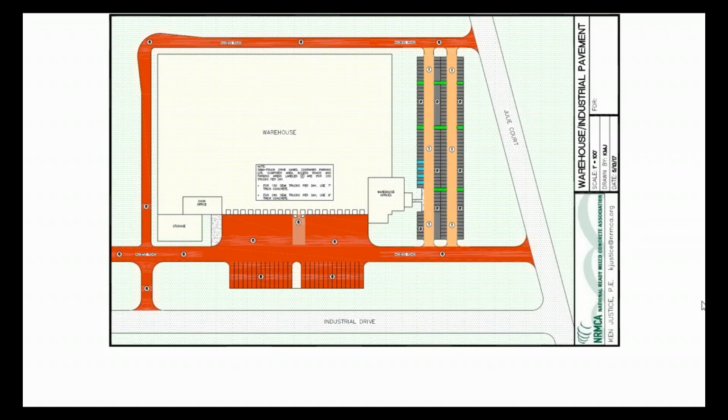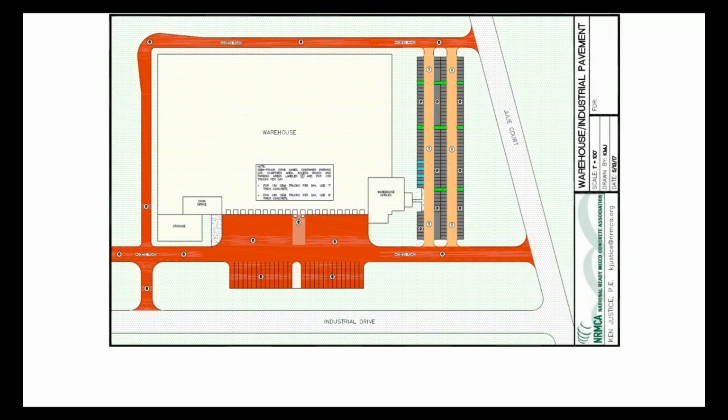Based on the revised design, the red area shows the limits of the industrial pavement. The drive aisles are the 2 beige color columns on the right-hand half of the slide, and parking spaces are the gray areas around the aisle.